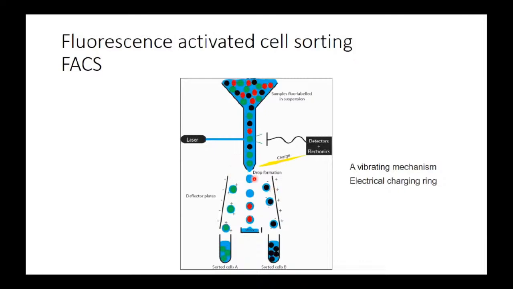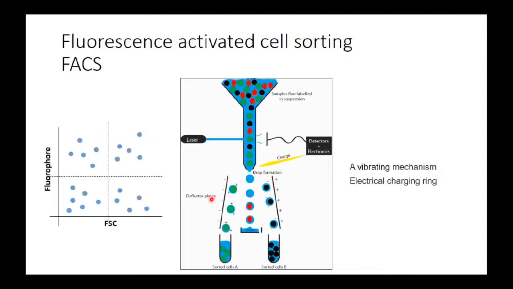Then the electrical charging ring will charge the cells that pass through the laser beam. The detector will detect the fluorescence, and then the computer will charge the high fluorescent cells with a positive charge, for example, and the low fluorescent cells with a negative charge.